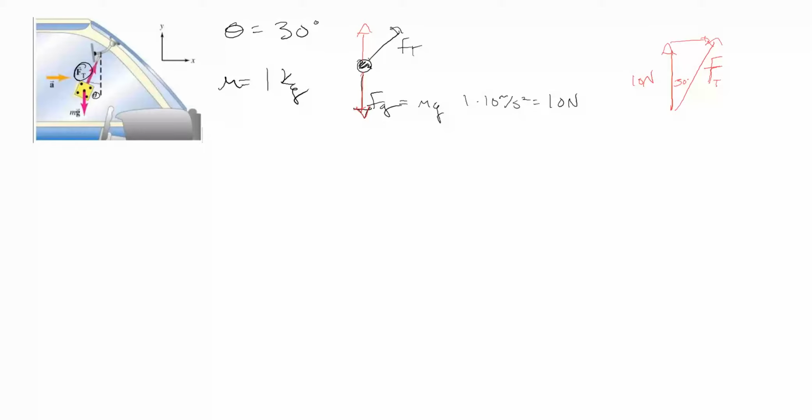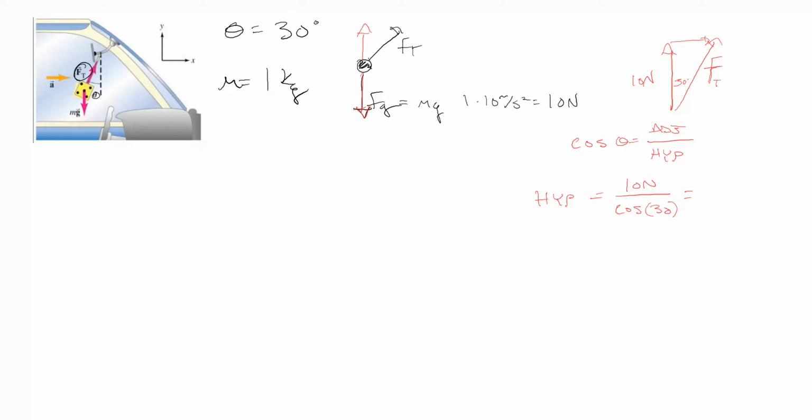I have an adjacent side, so I'm going to say cosine of theta is equal to the adjacent divided by my hypotenuse. Therefore, the hypotenuse is equal to the adjacent component, which is 10 newtons, divided by the cosine of 30 degrees, which is 0.86.